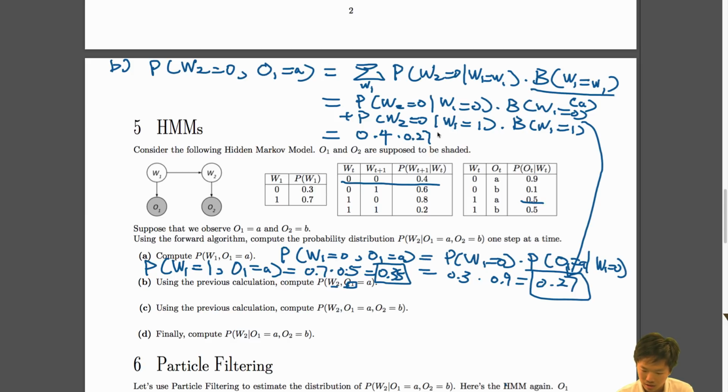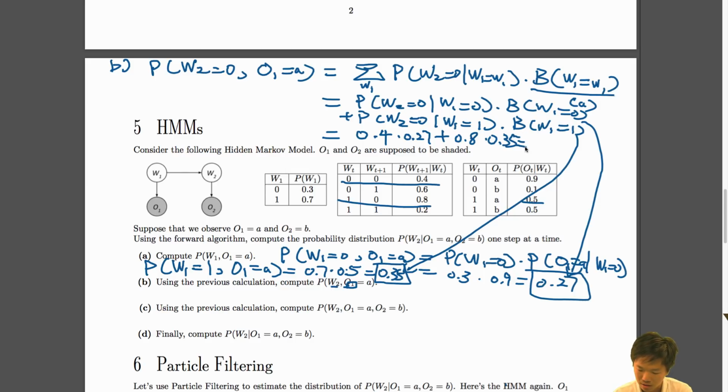And in the second term, the transition probability from 1 to 0 is going to be 0.8. So we have 0.8 times the true belief, which is going to be 0.35 for W1 equals 1.